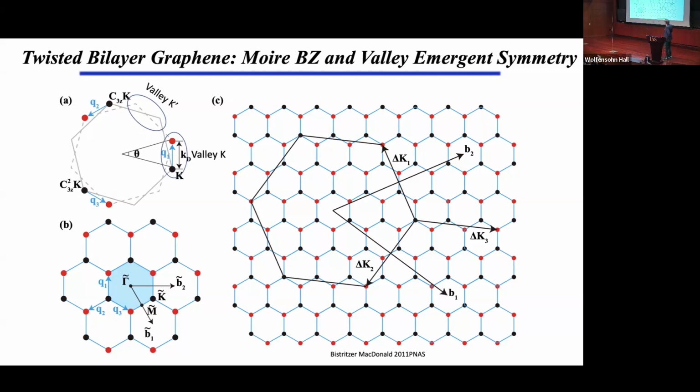And this moiré Brillouin zone is given by this length scale, the difference in momenta between the valley K of the upper layer and the valley K of the lower layer, called Q1, which is basically the K of the graphene times the angle theta for small angles. It's a much smaller Brillouin zone than the original one.